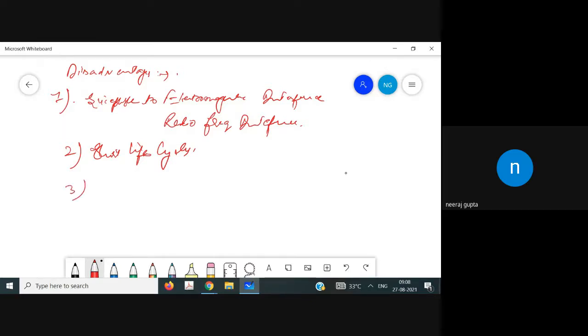The third disadvantage is that it has a large number of settings.